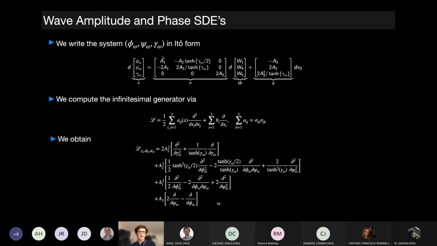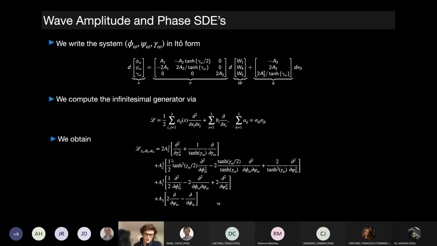We can reduce it and write it in Ito form. And we do this because we want to basically compute the generator of this process here to obtain the statistics of it. So the generator for this system turns out to be this.